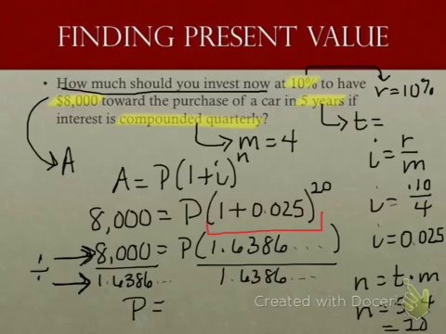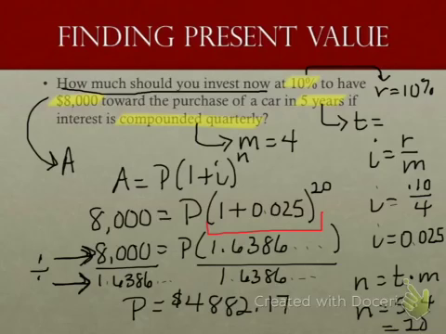And when you do that, you should end up with a P value that is 4,882.1675 and so on and so on. We're rounding to the nearest cents because we're talking about US dollars, so that's going to round off to 17 cents.